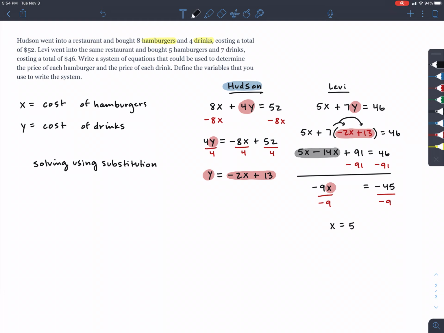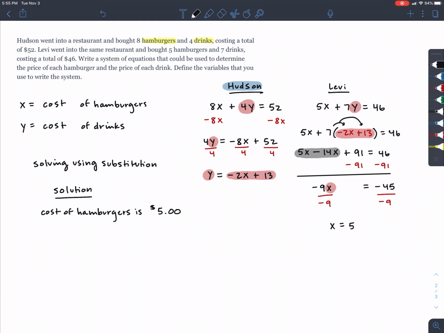And you can use a calculator for that as well. So there's my first solution. The cost of hamburgers is $5. Remember that this is within the context of a situation. Cost of hamburgers is $5.